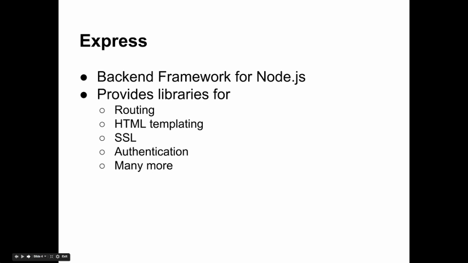They have several different HTML templating libraries. If you're familiar with ASP.NET, where in the backend page you'd put in your text and come back, there's Jade, there's Swig, there's several different templating libraries that you can use to take your data from Mongo and populate it in your web page before it ever gets served to your Angular app. It handles SSL. It handles your authentication for you.